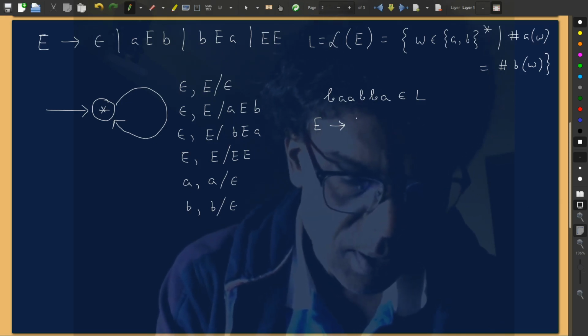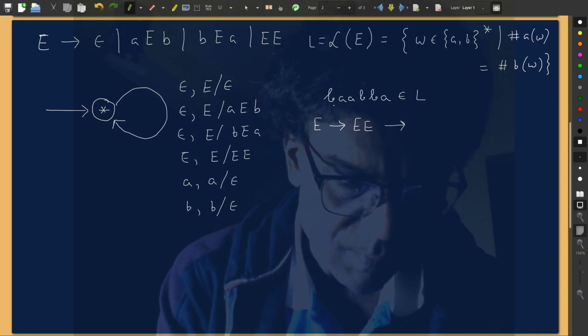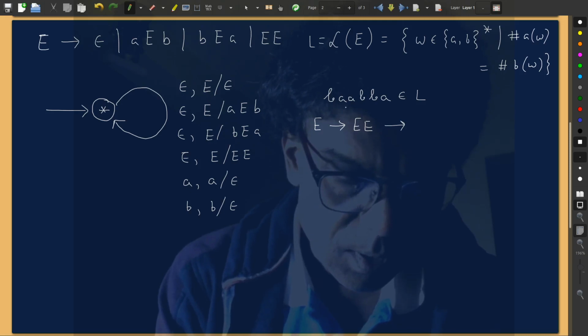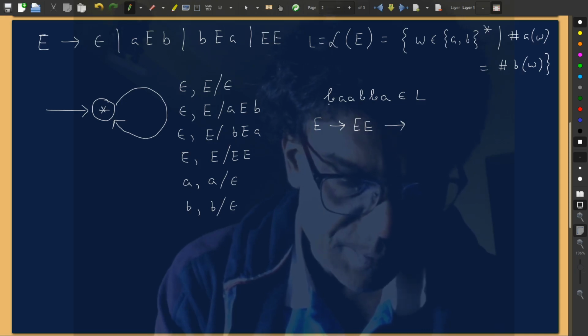Okay, E. So with the intention that this first E will generate this one. So this E will generate BAAB, this E will generate BA.